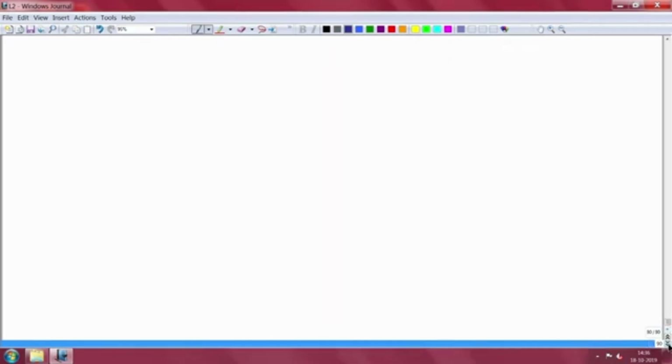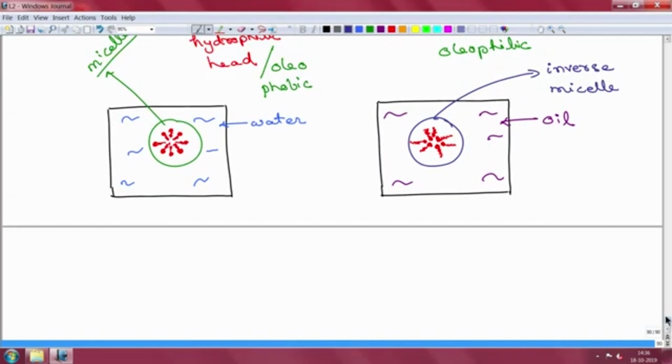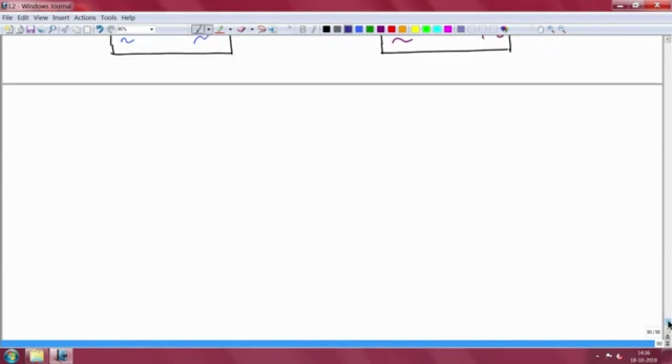Now, by the way, what I have tried to draw here are spherical micelles, but micelles can occur in other forms as well. They do not need to be these small spherical balls. You can have a micelle arrangement in the form of a cylinder.